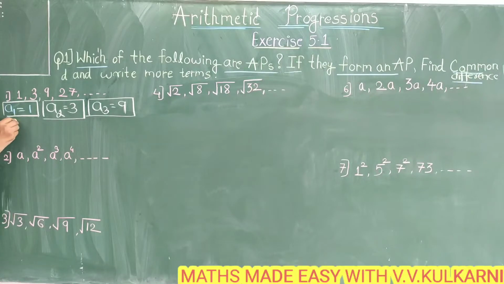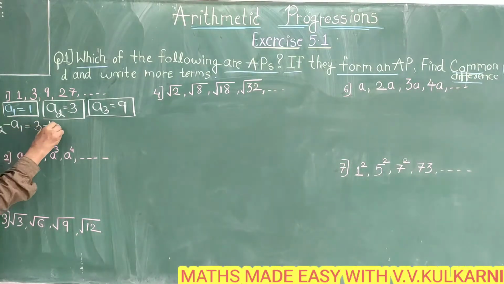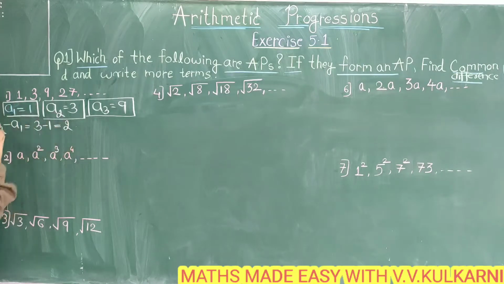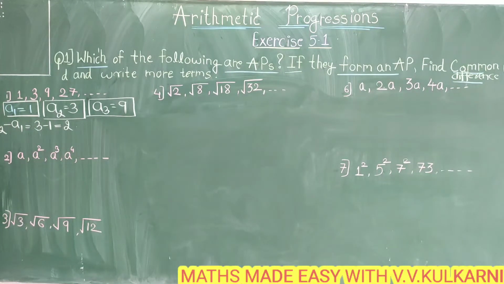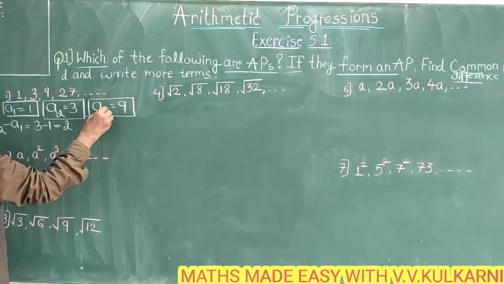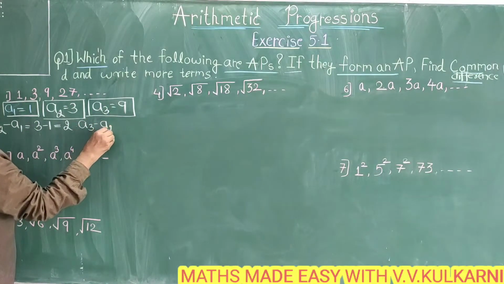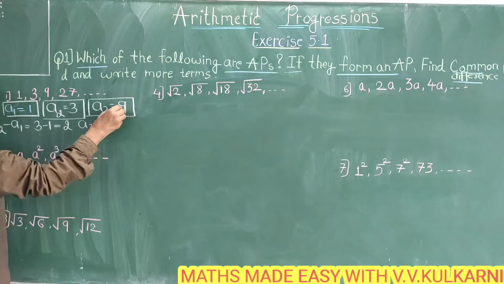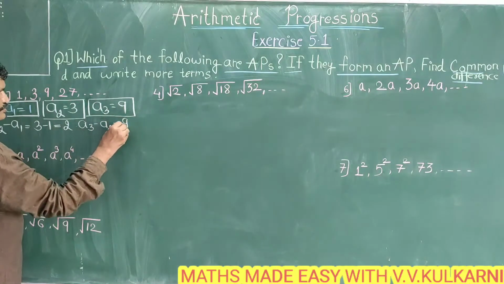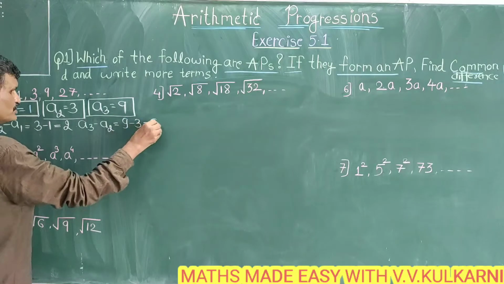A2 minus A1 is 3 minus 1. Then 3 minus 1 is how much? 2. Then again A3 minus A2, that means 9 minus 3. It is equal to how much? 6.